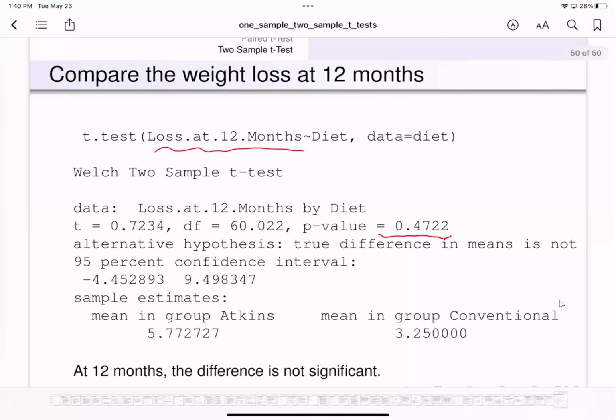Or consider, for example, a weight management program: before participating in the program, the weight measurement, and also after the program. So for one person, you have two data points, one before and the other after, and we have multiple persons' data recorded. So each person's two measurements give us the paired data.